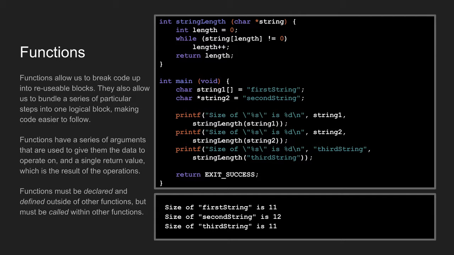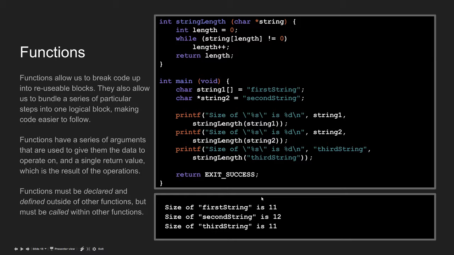So whilst the character at the location length in string is not equal to 0, just keep incrementing length. And so that will stop when the character at position equal to length is the 0 character. And that will be also, coincidentally, the number of characters that we've seen that aren't equal to 0, and we can return that. And you can see down the bottom that that works now.